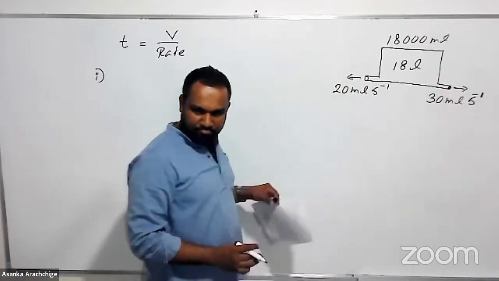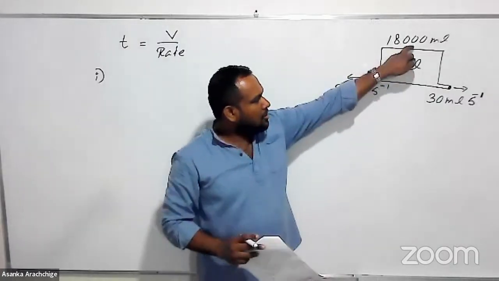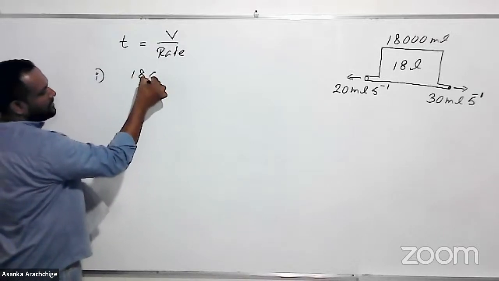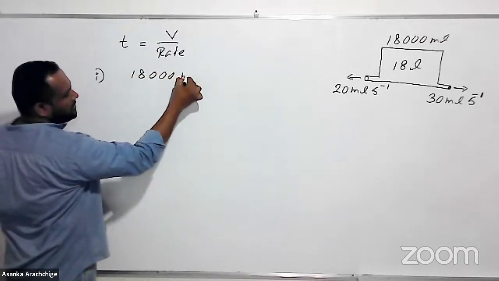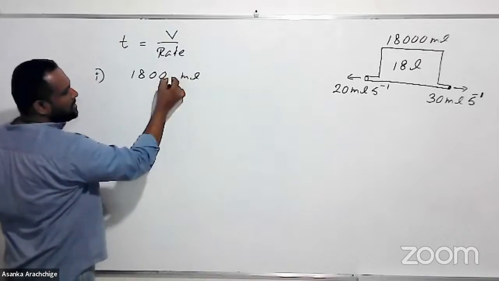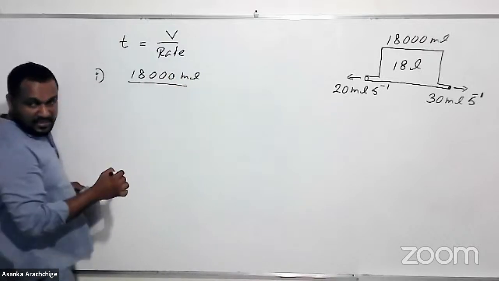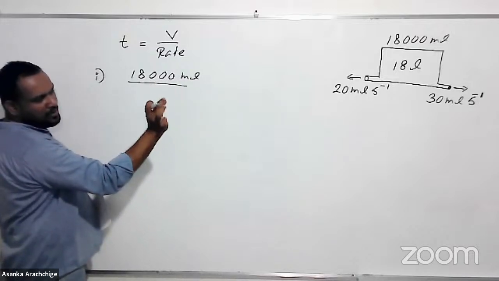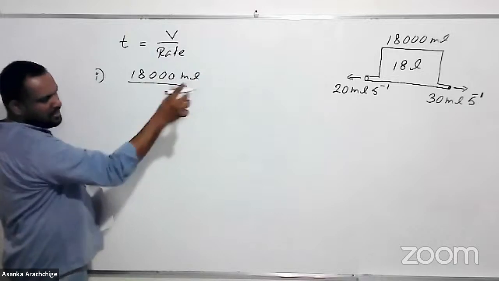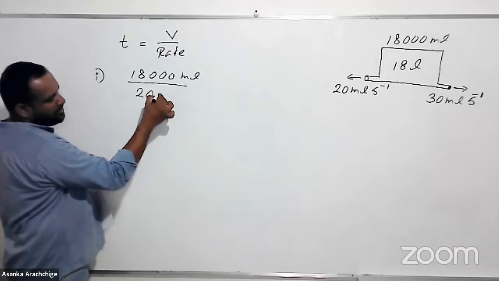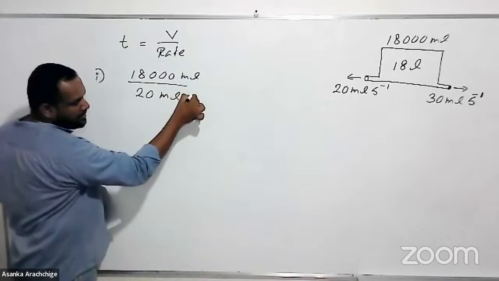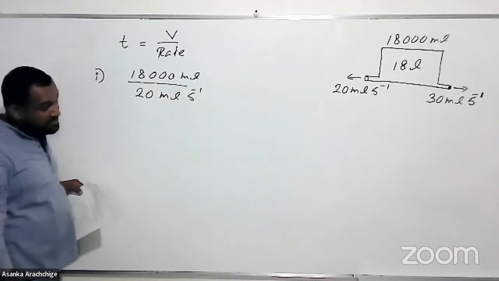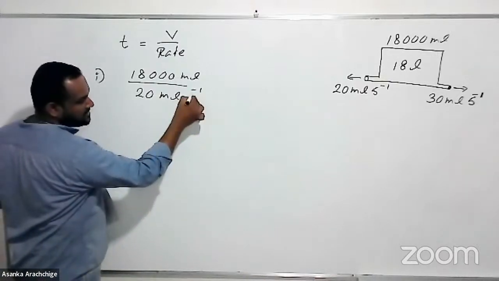The total volume, 18,000 milliliters, should be divided by the water removing rate of the first gate, which is 20 milliliters per second, not minute.